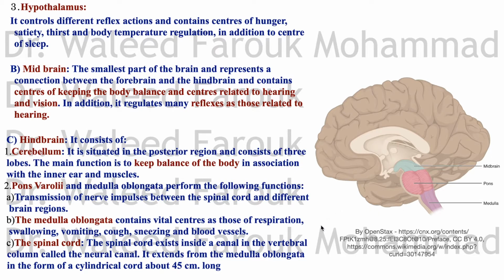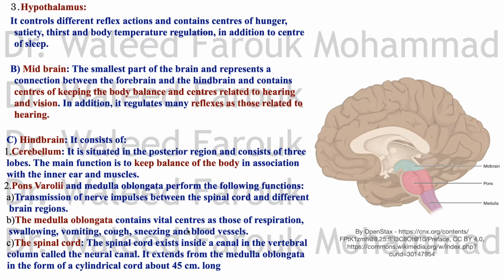The medulla oblongata contains vital centers for those، يعني فيها centers مهمة للتنفس respiration، للبلع، للقيء، لvomiting swallowing، للكحة، sneezing and blood vessels control of the blood vessels. دي centers موجودة في الميدالا اوبلونجاتا responsible for the control of respiration, swallowing, vomiting, cough, sneezing and blood vessels.